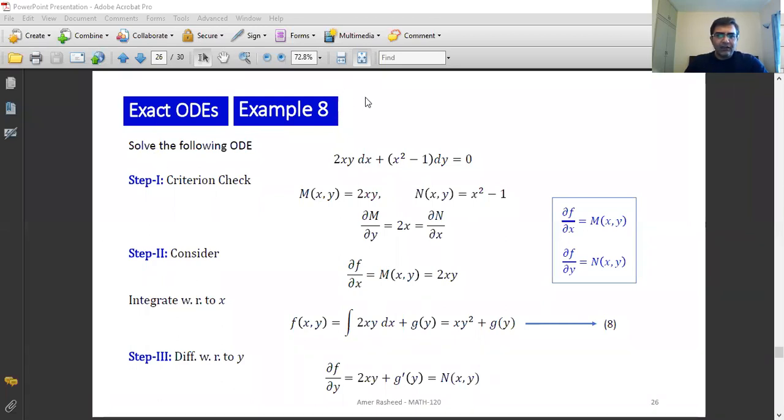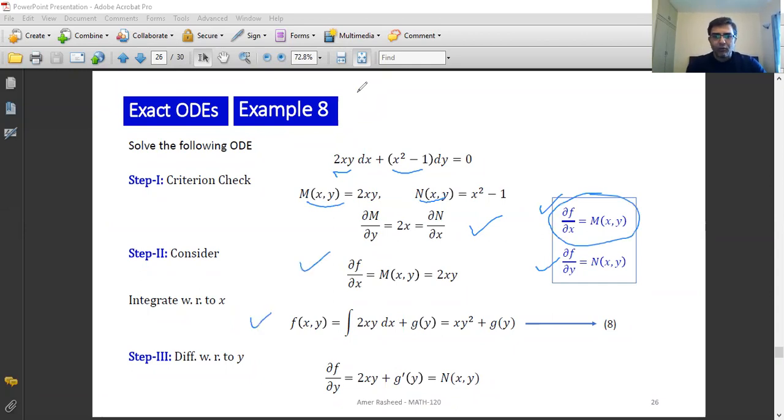We have the given differential equation, this one, 2xy, and this is your m, and we have already shown that this is an exact differential equation because partial m over partial y is equal to 2x, which is partial n over partial x. Now we start with these two equations. We start with partial f over partial x.